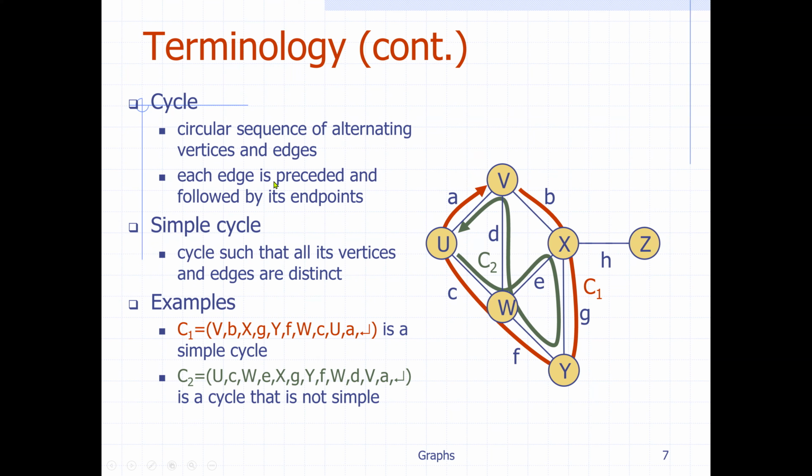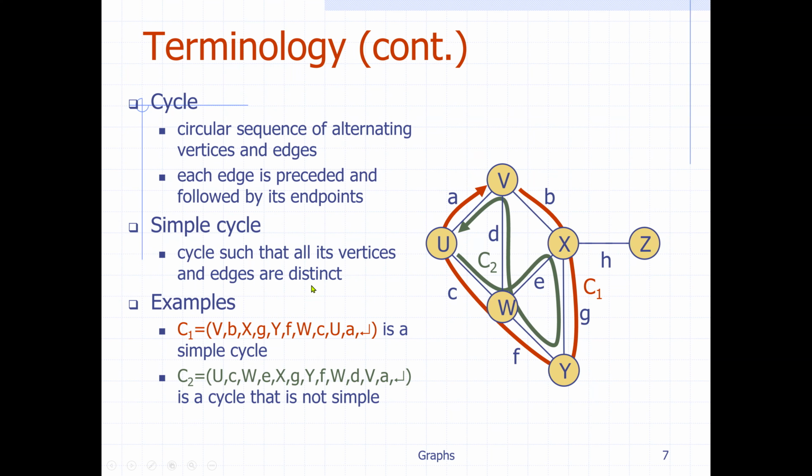Each edge is preceded and followed by its endpoints. The whole idea of a circle is that the vertex that you start at, you are going to end at the same vertex. So a simple circle is a circle such that all its vertices and edges are distinct.